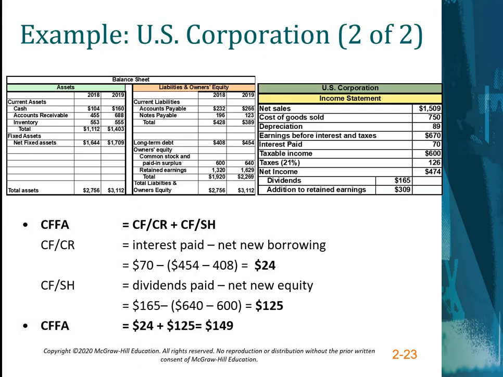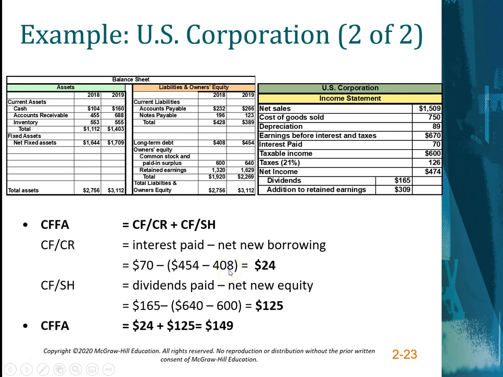Okay, to do it the other way, depending on the situation, it can be easy to come up with or it can be difficult. In this one, we're going to calculate the cash flows from the interest paid, and then the cash flows for the shareholders, and then we can look at the total overall cash flow. From a borrowing standpoint, the interest paid was 70, which we got right here.